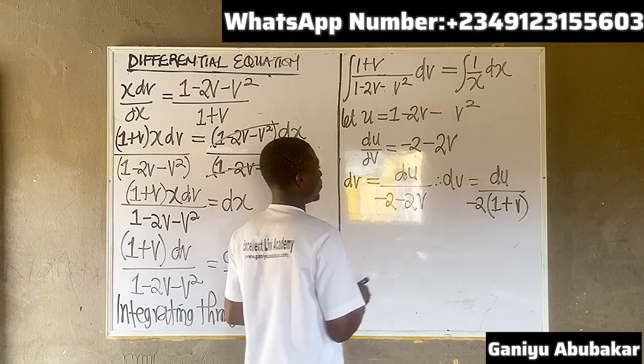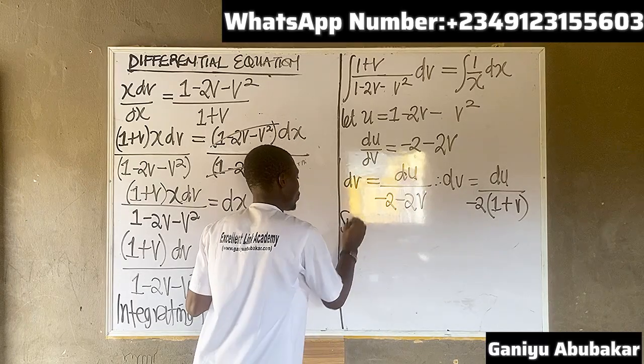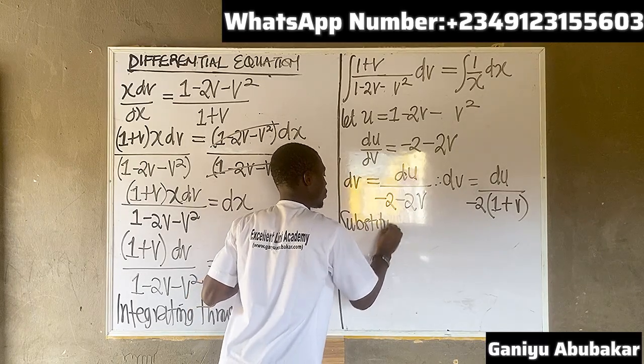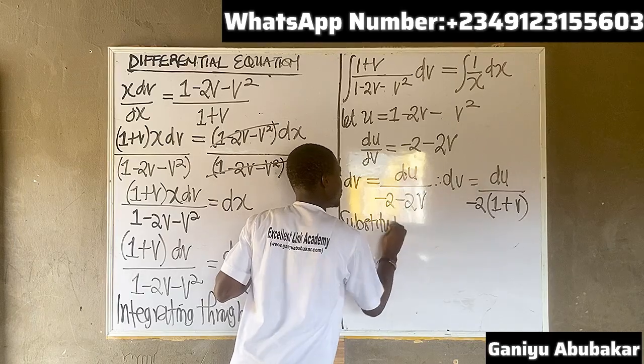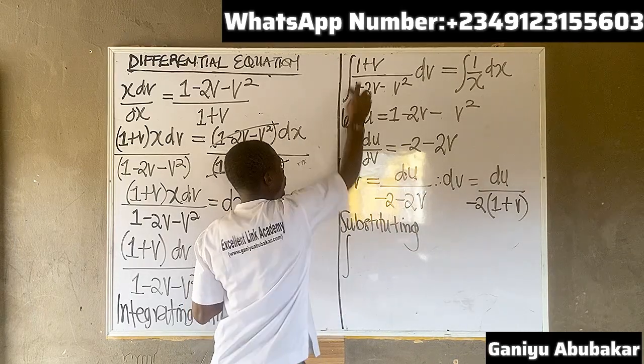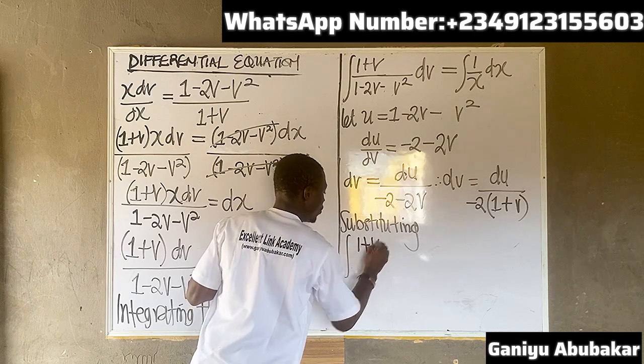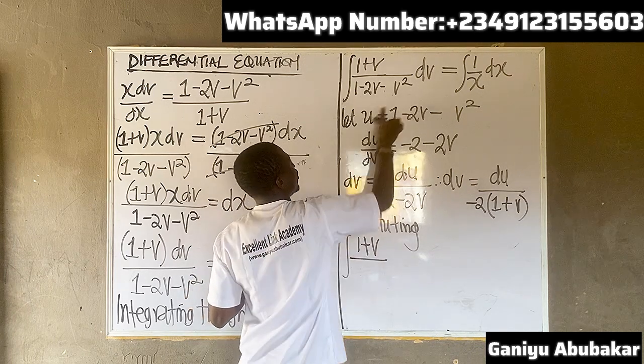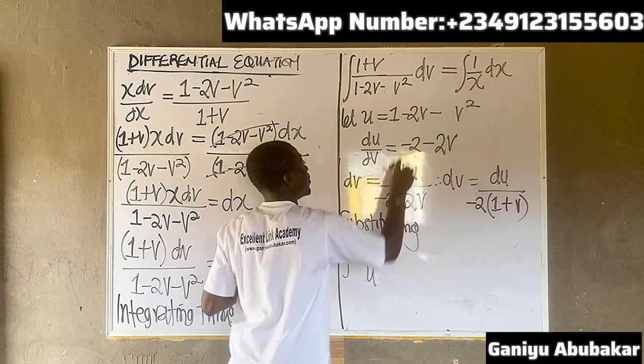From here, substituting, that gives you the integral of 1 over v, 1 plus v, all over u, dot dv.